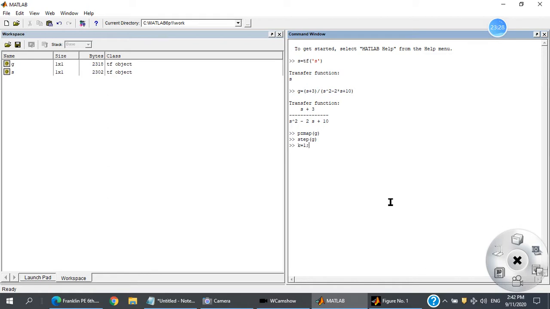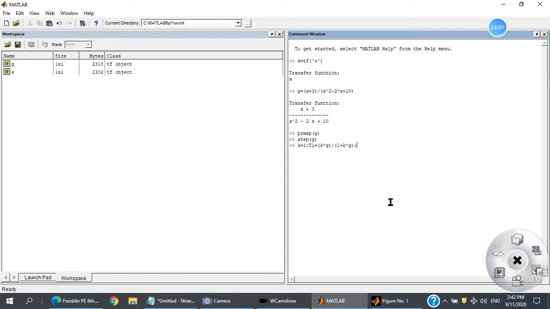Then I consider a unit feedback system with control just that k. I say this is T1. I have k times g as the numerator, and the denominator is 1 plus k times g. So this is a feedback system.